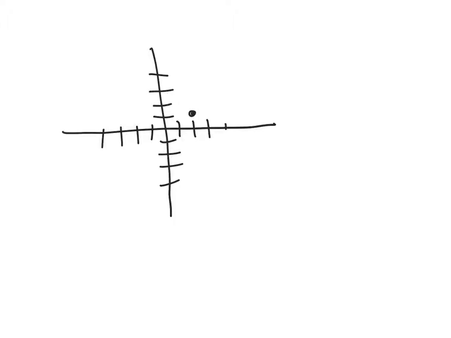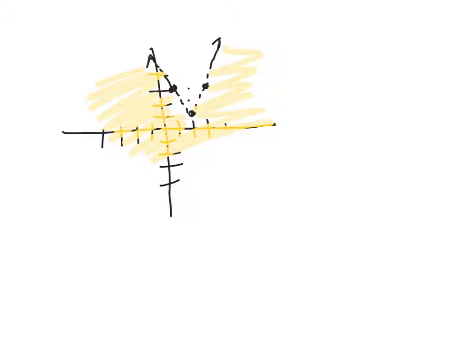Okay, so we need to write the equation of the graph. Oh, let me do one more thing. And this is the shading. So the first thing I want to do is identify the vertex. And the vertex is 2, 1.